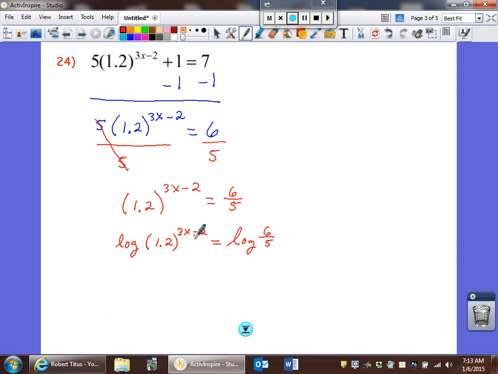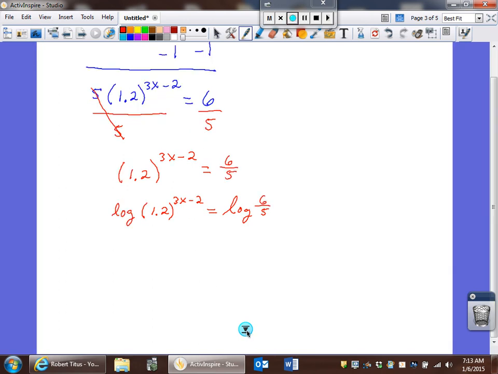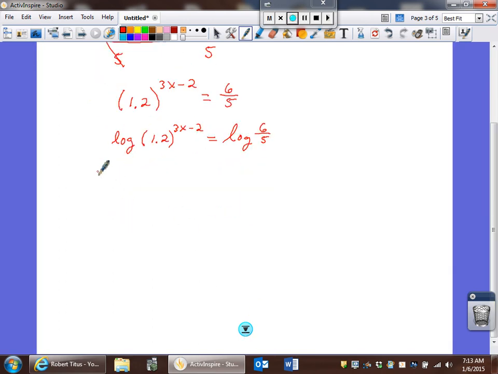We're going to pull the 3x minus 2 out to the front. I'm going to move this down just a little bit. We're going to go ahead and write parenthesis 3x minus 2 and write the log of 1.2 is equal to the log of 6/5.